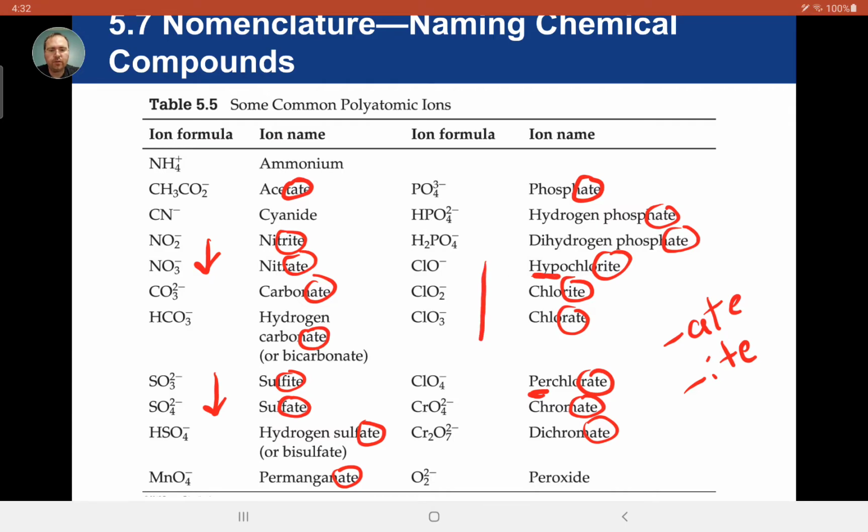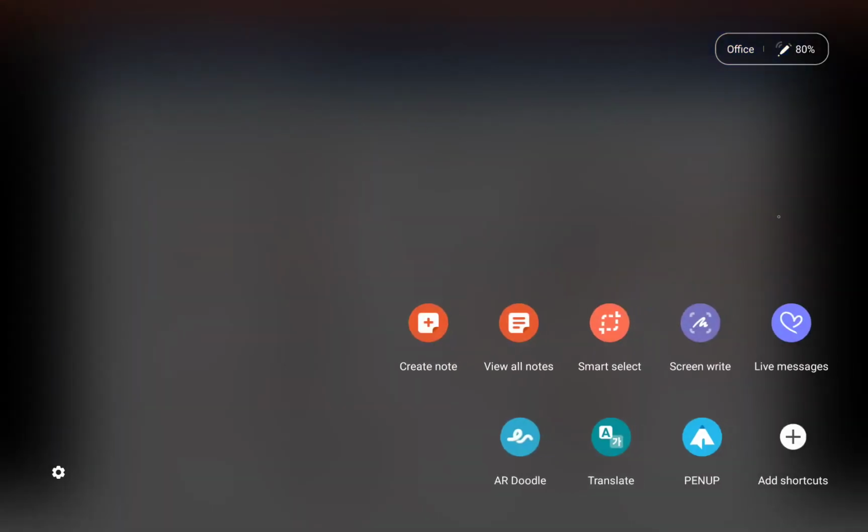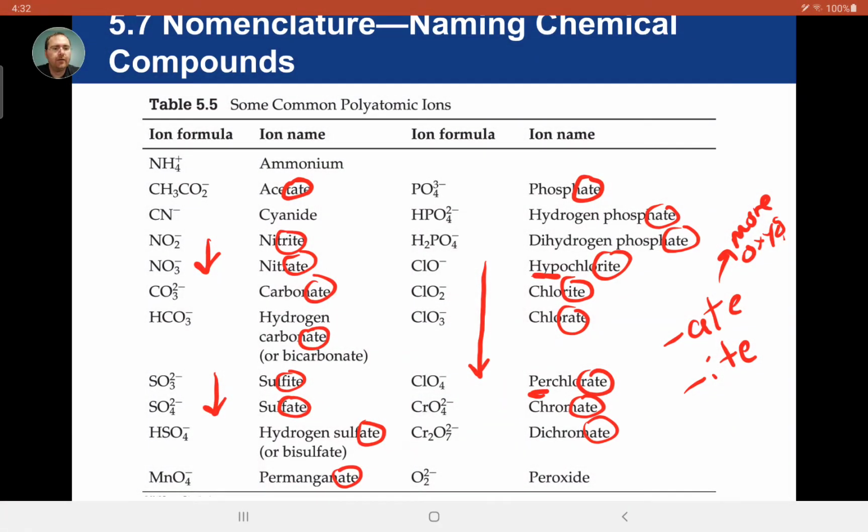Notice in all of these situations we have more oxygens. So ATE is always going to have more oxygens. That's going to be a great way to educate your guesses for purposes of the homework and exams. So more oxygens on the ATE, and less oxygens for the ITE is a great way to recognize that difference.